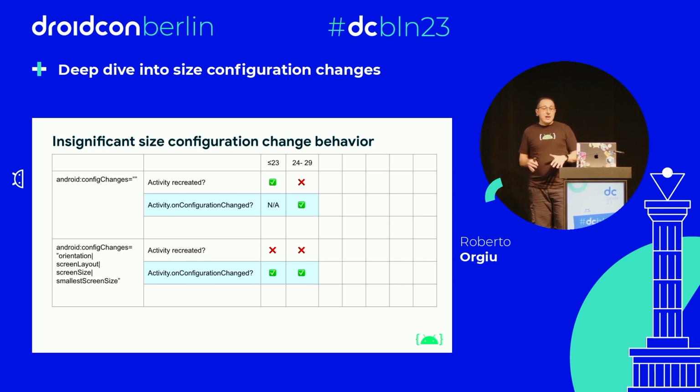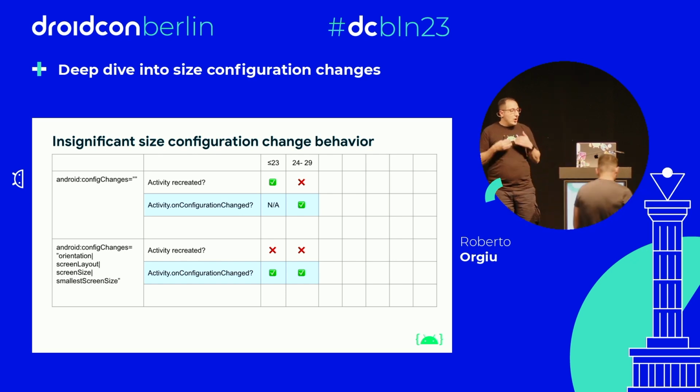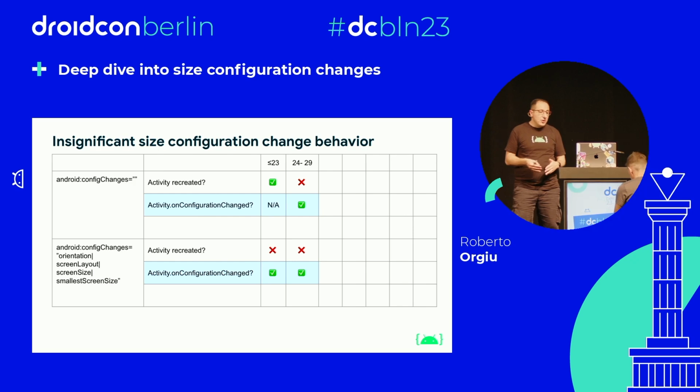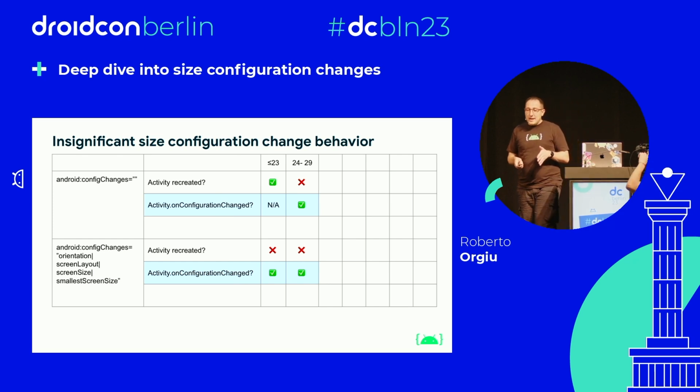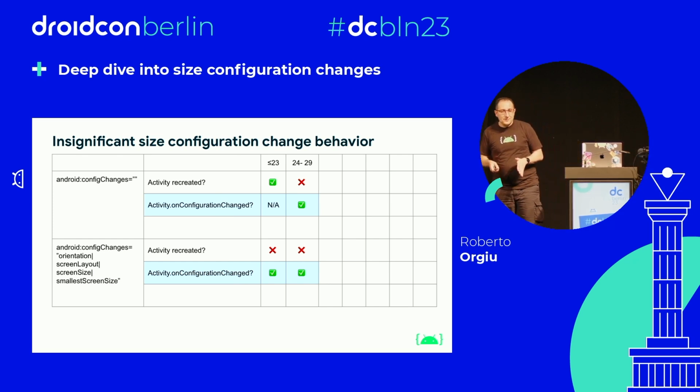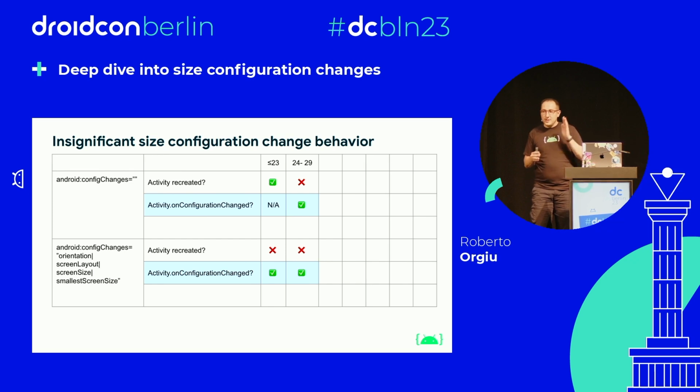This is the primary method for getting a callback when the configuration changes when opting out of recreation with the flags that we saw earlier. And this works until API 30. So we already have two thresholds, API 24 and API 30.